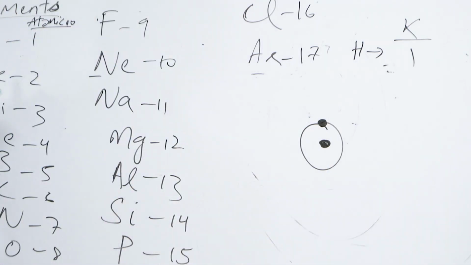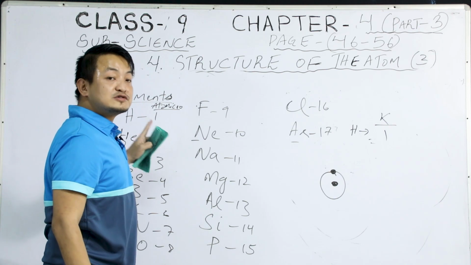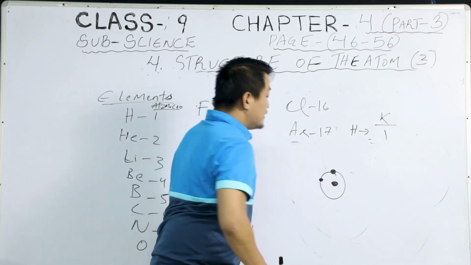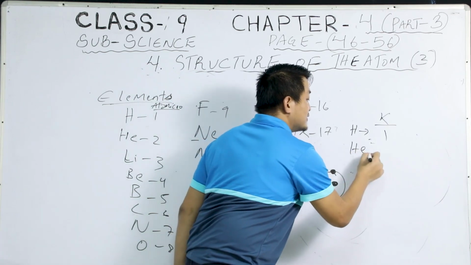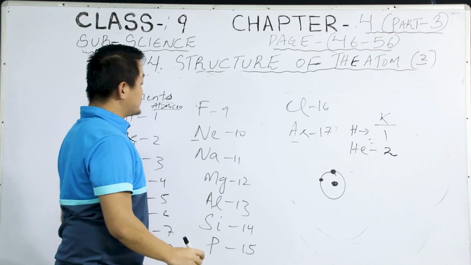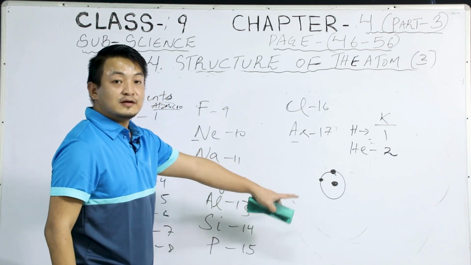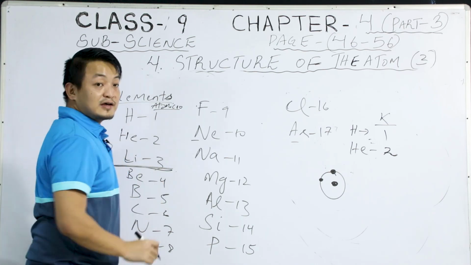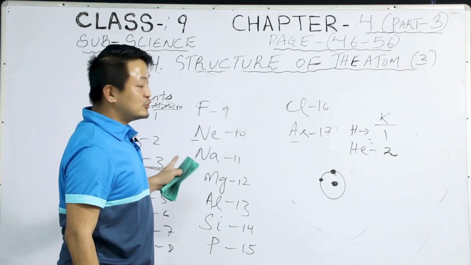Helium, since the atomic number is 2, in the K shell we have 2, so this would be the structure of helium. Now students, let's see the structure of lithium.